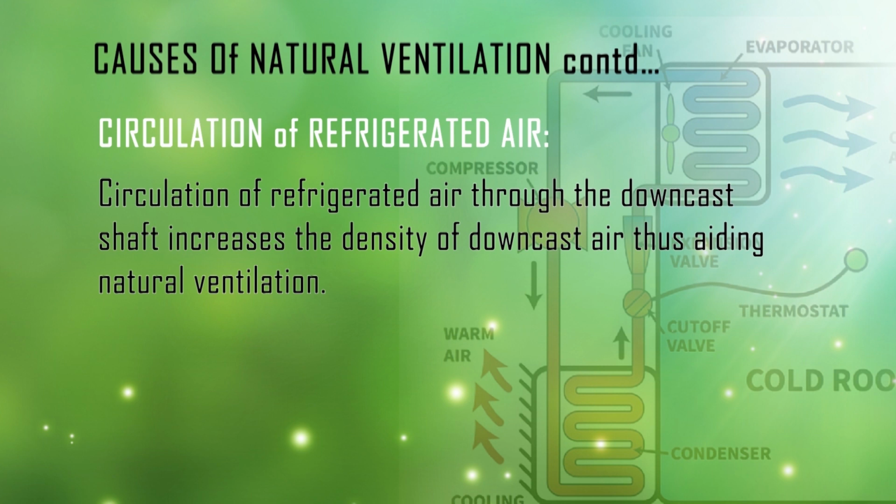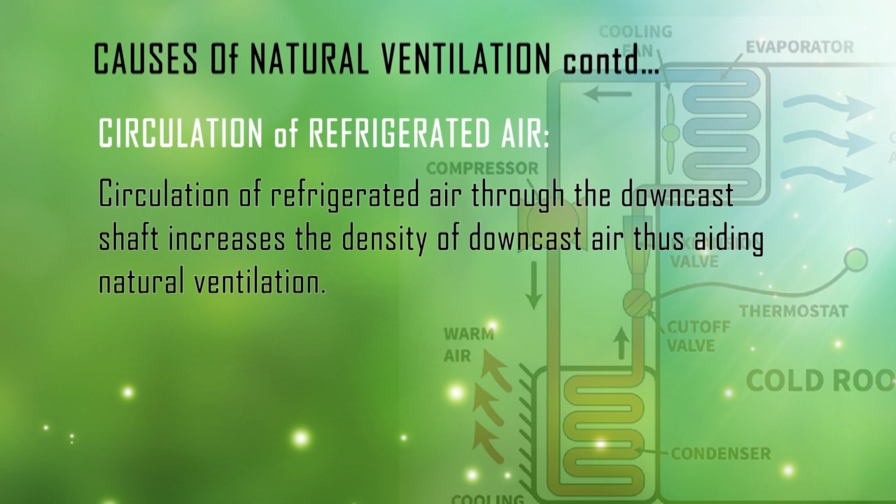Refrigerated air through the downcast shaft increases the density of the downcast air, and due to this the downcast air has a tendency to move at a faster rate downward, and hence this causes the movement of air through the upcast shaft, and natural ventilation gets maintained in those mines.